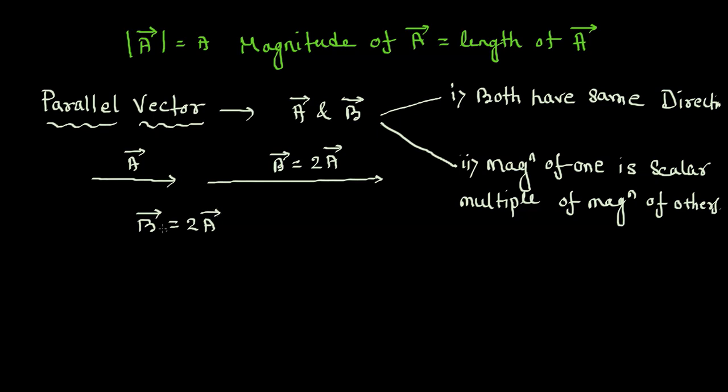So the magnitude of B vector is twice the magnitude of A vector and both have the same direction. In general we can write A vector is equal to K times B vector. What is this K? K is a constant, any constant.